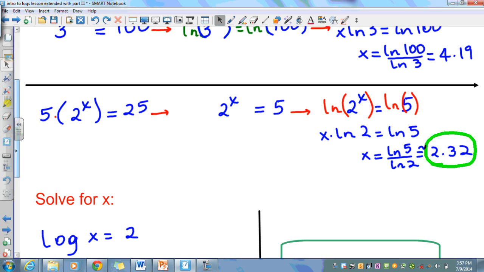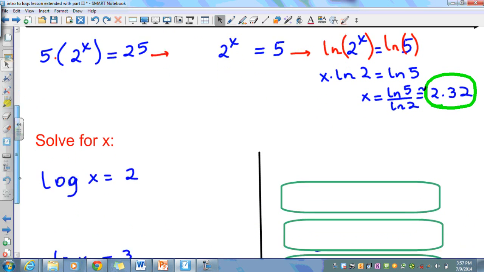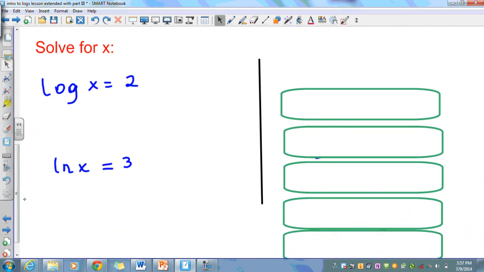In those examples, we did solve exponential equations, but at times you might also be presented logarithmic equations, such as, say, log of x is equal to 2, solve for x. In that situation, this particular one is something we've already done previously because this is base 10.